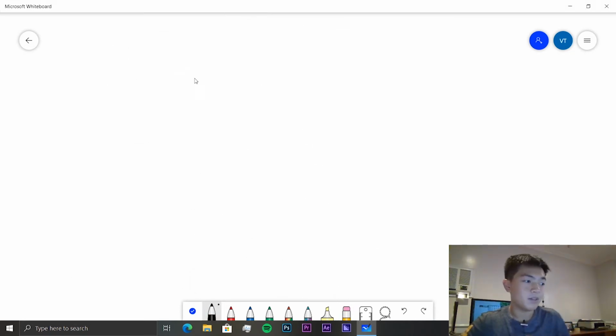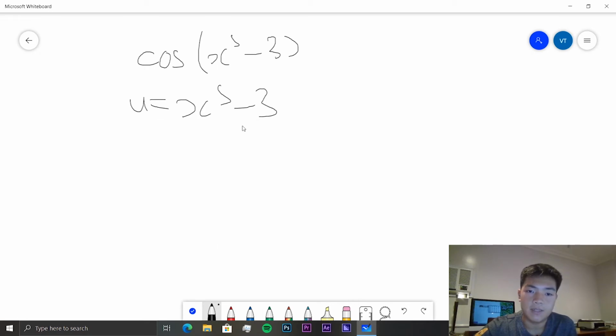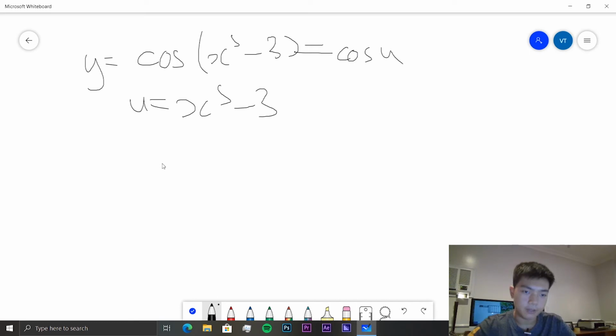Anyways, moving on, our next task is to find the derivative of the following functions. First is cosine of x to the 5th power minus 3. So how do we find this? Let's label u equals x to the 5 minus 3, and then y equals cosine u. Like before, we have dy over dx is equal to dy over du times du over dx.